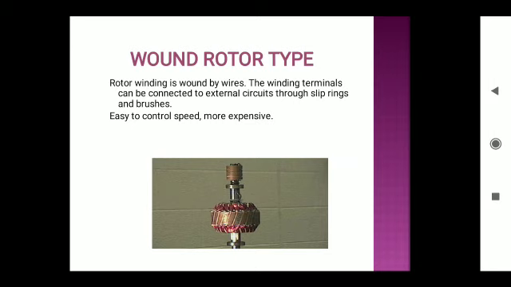The slip rings are mounted on the shaft, connected to the short circuit gear. The purpose of slip rings is to provide a means for connecting the external resistance by the help of brushes in the rotor circuit.